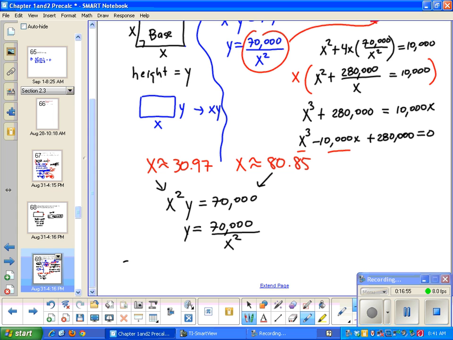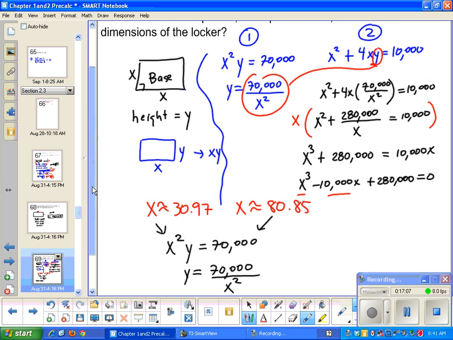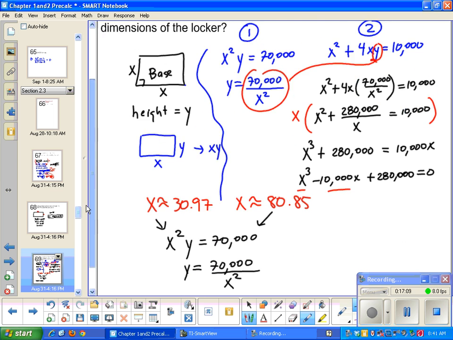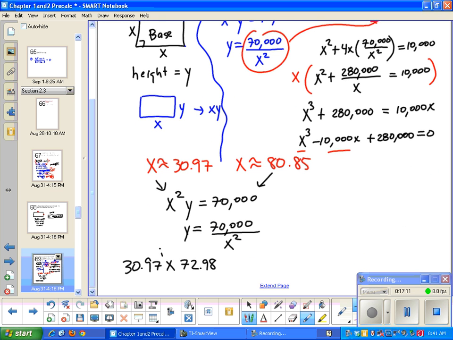All right, so first I have 30.97 by 72.98. And then here you would want to make sure you label this, and this should be in inches, okay? So this is inches, this is inches. Okay, so that's one possibility.